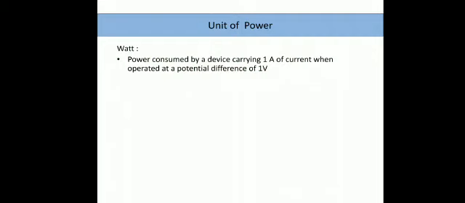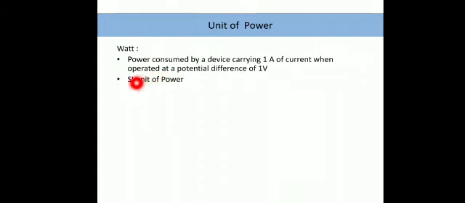So when an electrical device is connected across 2 points between which there is a potential difference of 1 volt, and a current of 1 ampere is flowing through the wire, the power consumed is said to be 1 watt. Okay, this definition basically comes from this, and it is also the SI unit of power.